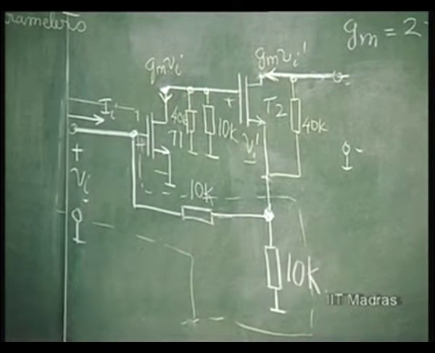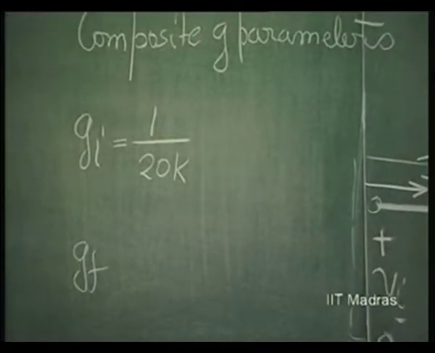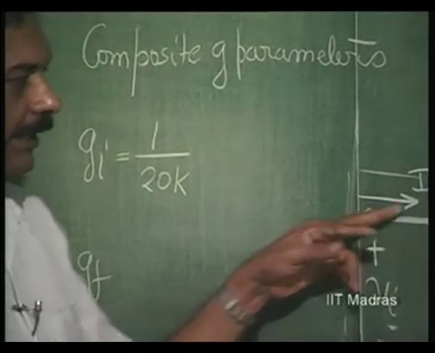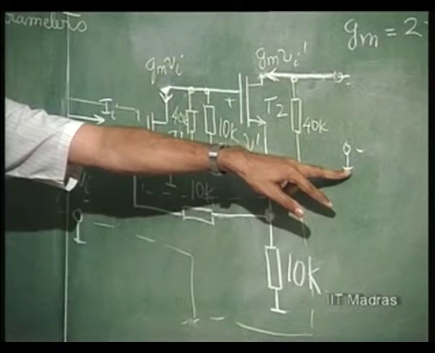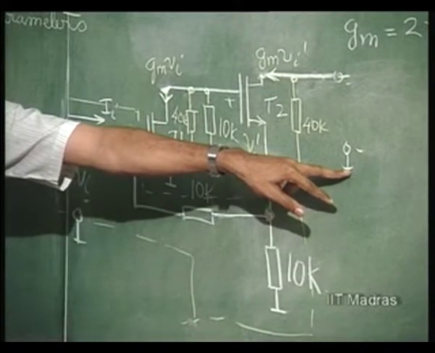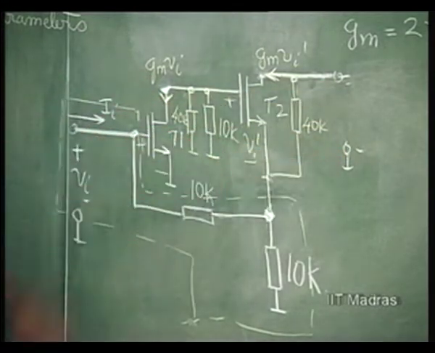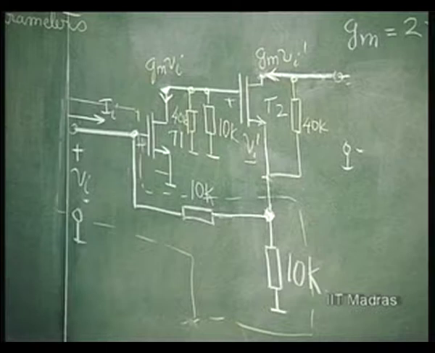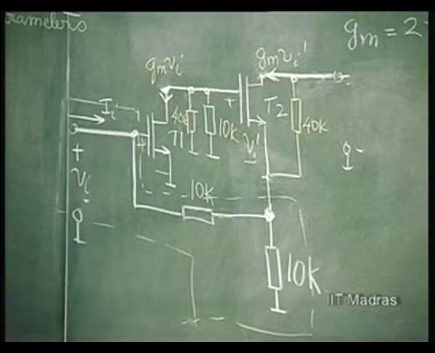Then we have Gf. What is Gf definition? When I apply Ii here, I find out what V0 is, the open circuit output voltage. So, if I apply Ii and find out V0, it is V0 divided by Ii, that is defined as Gf.